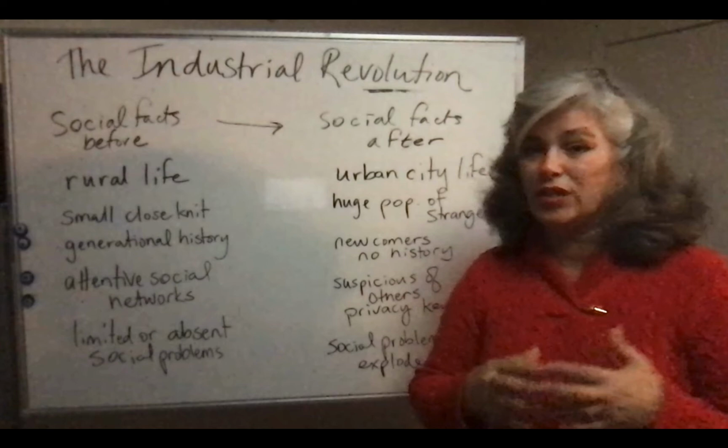And social problems, therefore, according to the historic record, explode. And this is one of the observable facts that Emil Durkheim focused on when he was trying to explain his concept of social facts. Remember, social facts refers to the structure of society that a person lives in.